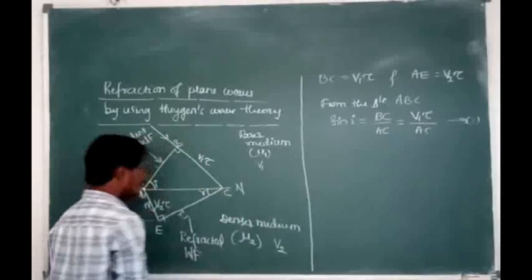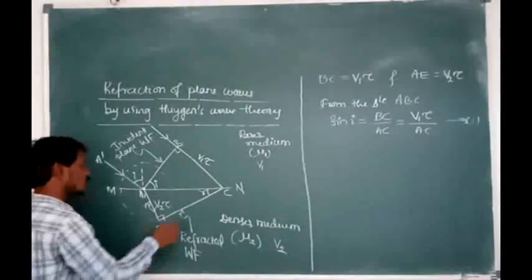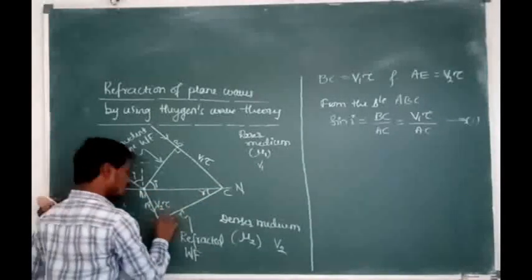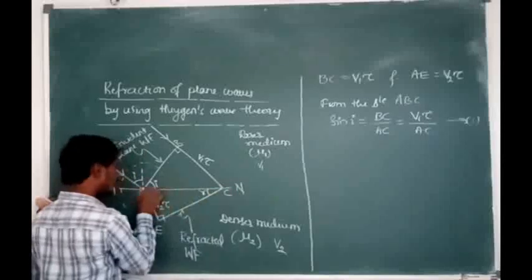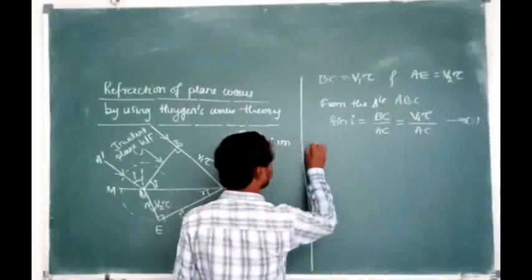Next, we are going to find the angle of refraction, again by using the sine function. For r, AE is the opposite side, EC is the adjacent side, and AC is the hypotenuse.